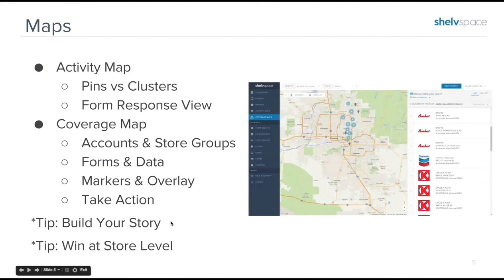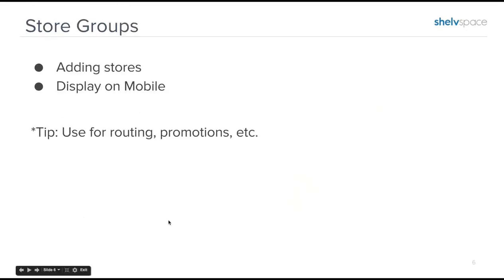This is a database of information tied to every store, so you'll begin to really know what's going on at shelf. And the other one is, this is really how we see companies winning at store level. You're going to get better visibility than anyone in the industry as you start to build this coverage map out. So now we'll move on to store groups.